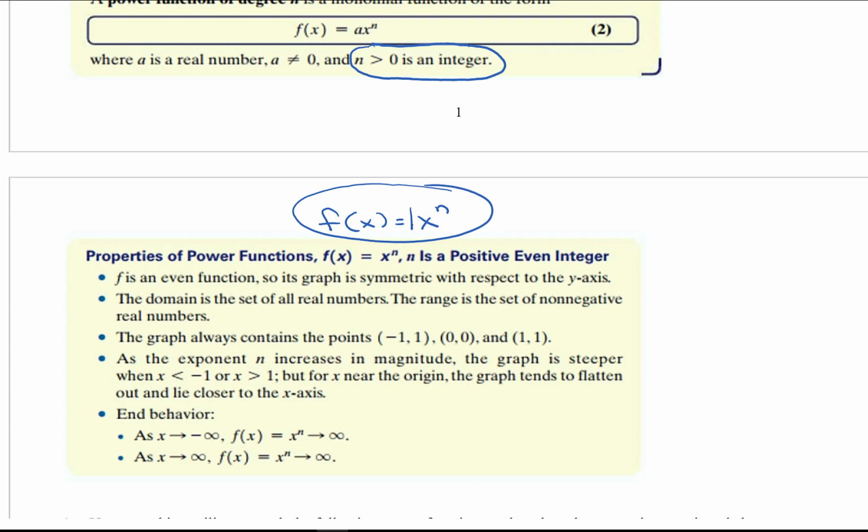End behavior. So here where it says this notation, as x approaches -infinity. Let me go ahead and write that out in words for anyone that needs to see that written out.